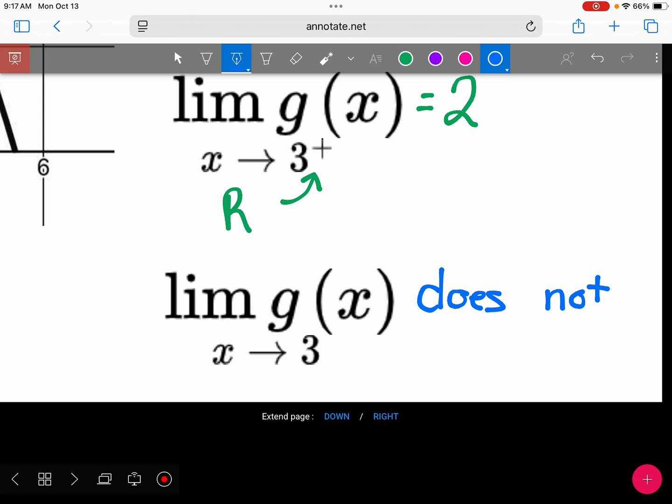If you want to put DNE for does not exist, that's fine. I'm absolutely fine with us taking a shortcut of DNE. A lot of times we will have limits that don't exist, especially when we have a jump discontinuity.